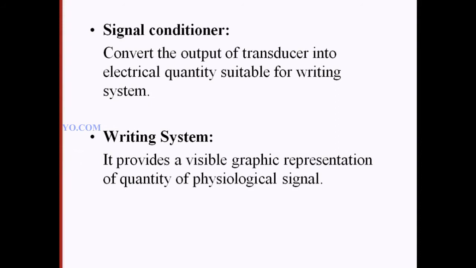The writing system may be an LCD display, oscilloscope or pen writer, etc. And the last one is the writing system. The writing system provides a visible graphic representation of the physiological signal. So if you are measuring ECG, the ECG signal is in the form of a graphical representation on paper, which is done by the pen writer.